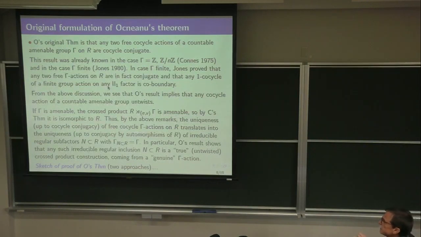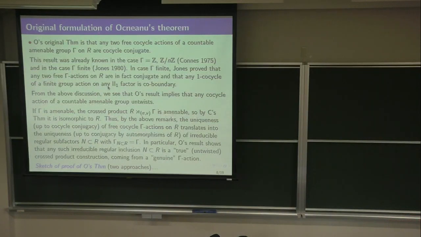His theorem simply states that any two free cocycle actions of a countable amenable group gamma on R are cocycle conjugate. But as we have seen, that's equivalent to that formulation for inclusions.